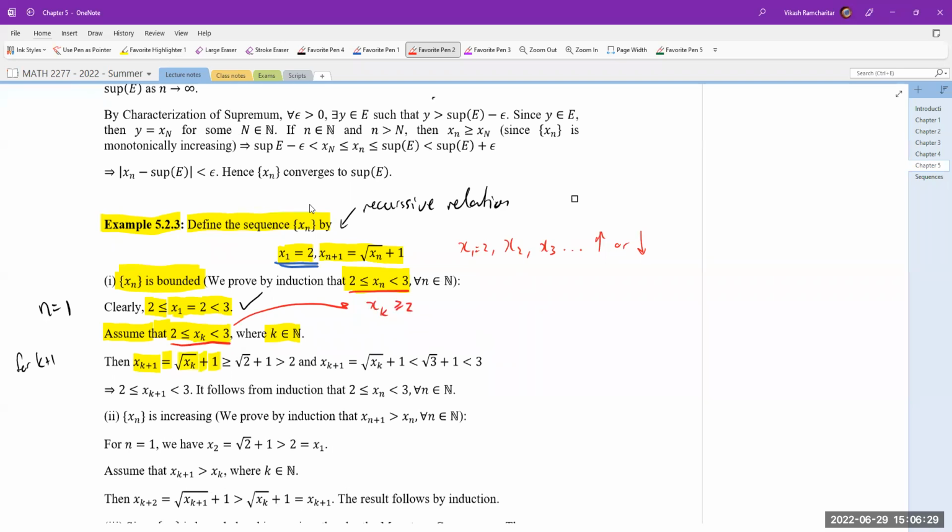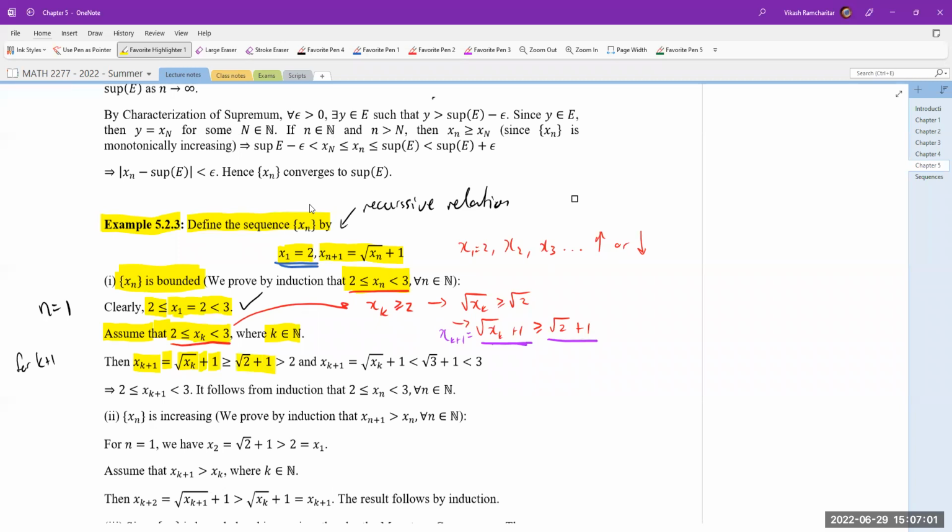So if I take the square root of both sides, and then add 1 on both sides, you see what we're doing here is we're trying to build this guy here, which is x_{k+1}. So from this, we get x_{k+1} is larger than or equal to root 2 plus 1.